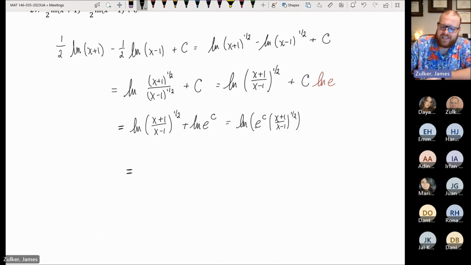I can pull this e to the c inside by squaring it first.